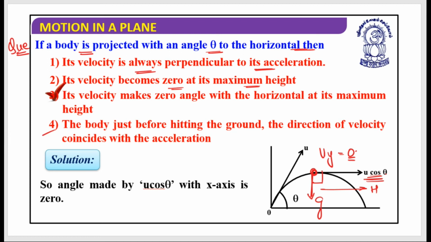And one more: just before hitting the ground, the direction of velocity coincides with the acceleration. So these are all incorrect conclusions. Only the third would be the correct one, so my answer to this question is the third option. I hope these things are clear. Is it clear? So let's look at the next question.